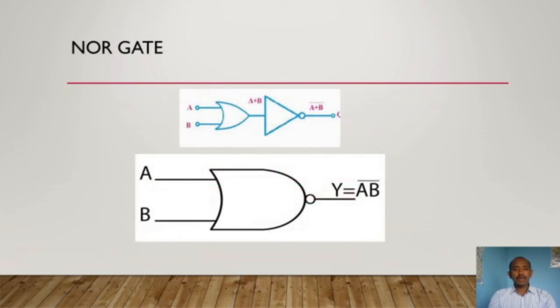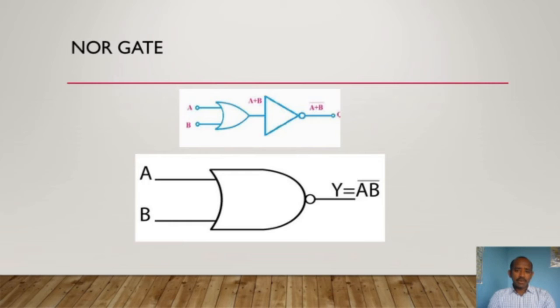In the first diagram, A and B are the inputs, so the output will be A plus B, that is the OR gate, and this is connected to a NOT gate, which inverts the signal, so it becomes A plus B bar. In general, we can write a second symbol, where A and B are the inputs and the output will be Y is equal to A plus B bar.